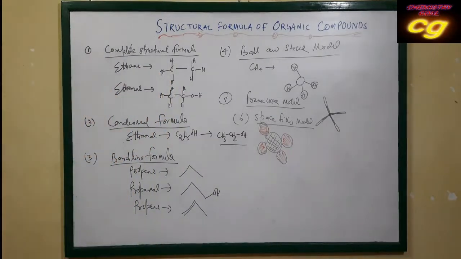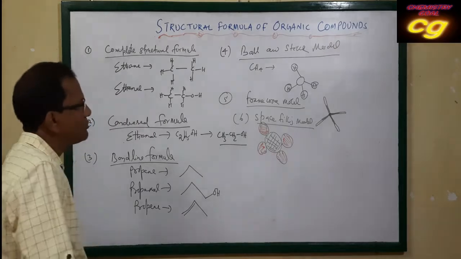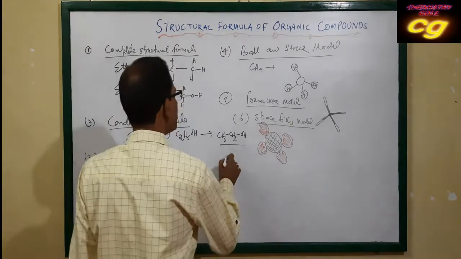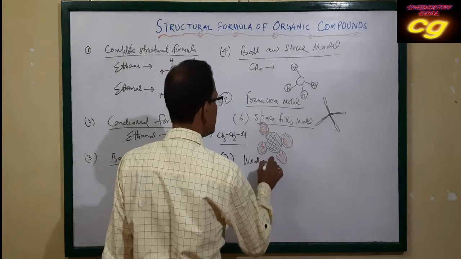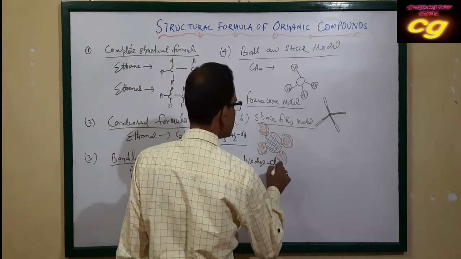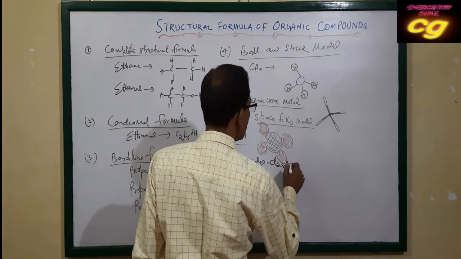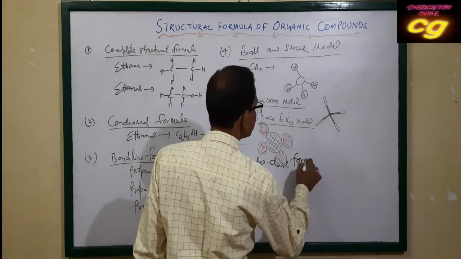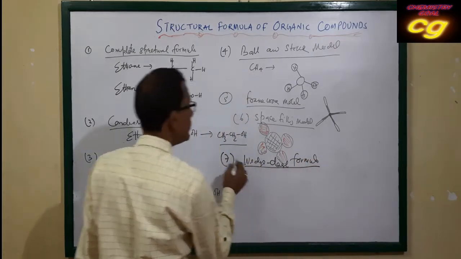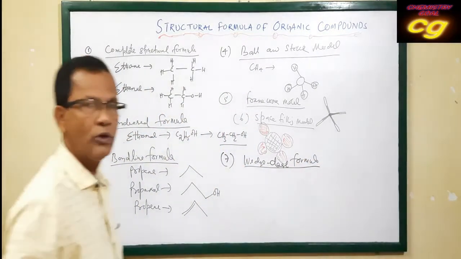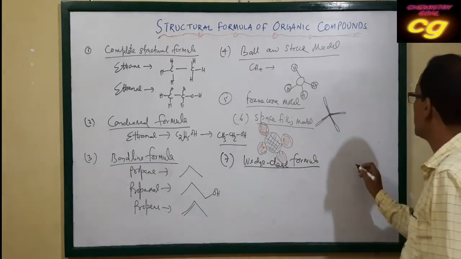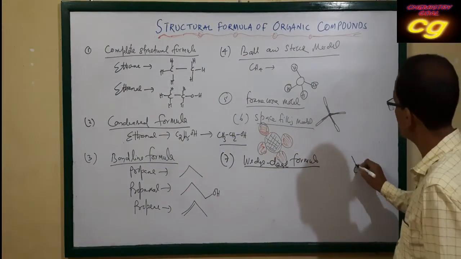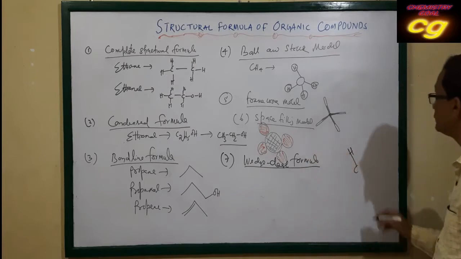Okay, there is a 3D expression, that is space filling models, and it can also be the wedge and dash formula, also a 3D model. In the wedge and dash formula, you have to draw like this: the central atom, and these are your bonded atoms.